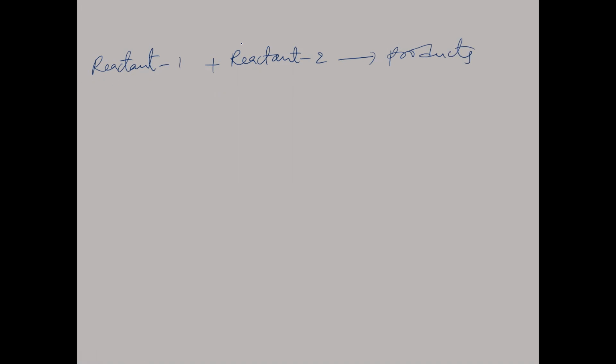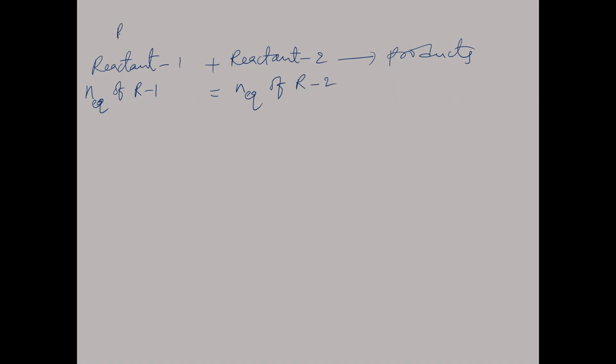Now, in this chemical reaction, what we mainly have to understand is that the number of equivalents of reactant 1 must be equal to the number of equivalents of reactant 2.